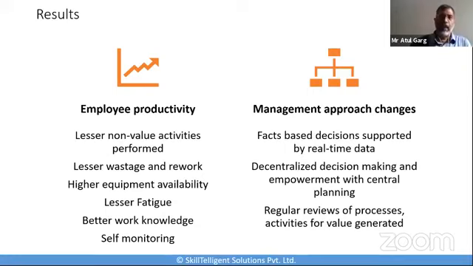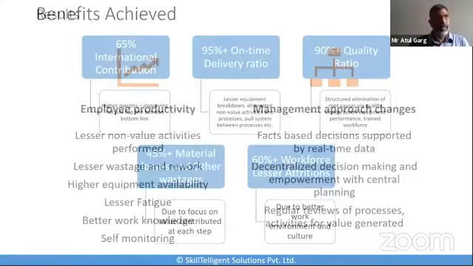Okay, so not only did decentralization take place, the team also got empowered to take the decision, and they all worked towards the central planning. And the last thing which started happening was that regular reviews of processes and activities for value generated became the focus area. So this is how the management change also took place over here.